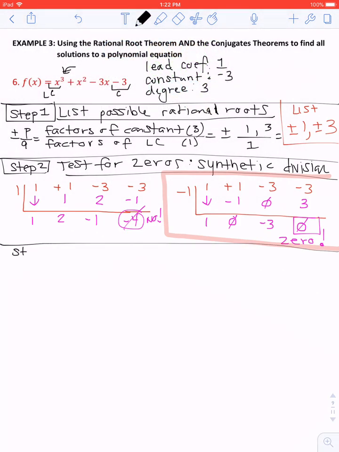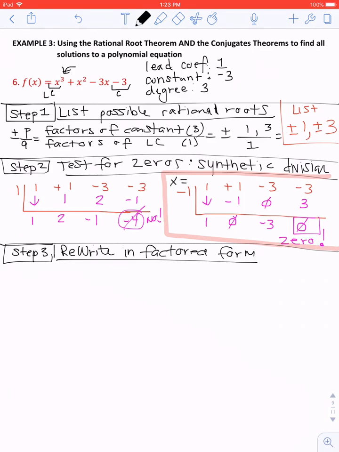So step 3. Rewrite in factored form. So we're going to use that synthetic information to write out that exact same function, but in factored form. So, since we found this x gave us a 0, when x equals -1, you have a factor of x plus 1.